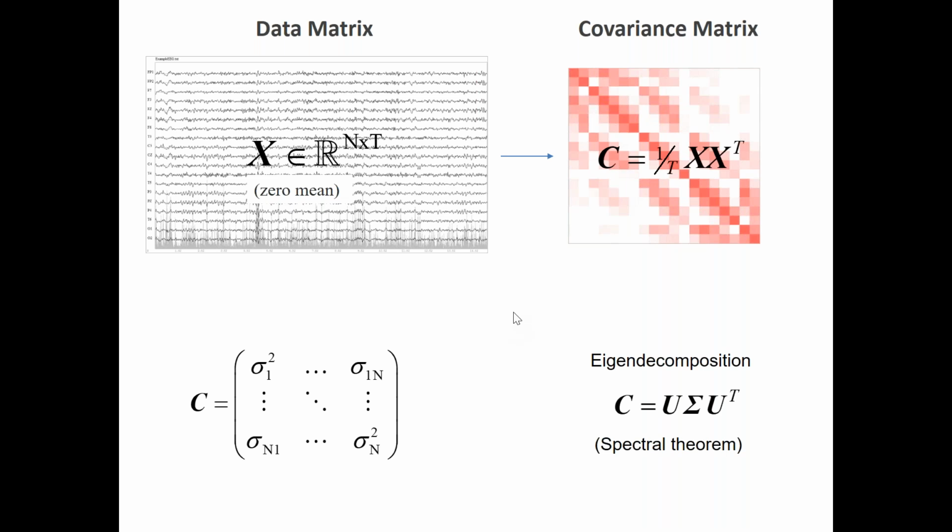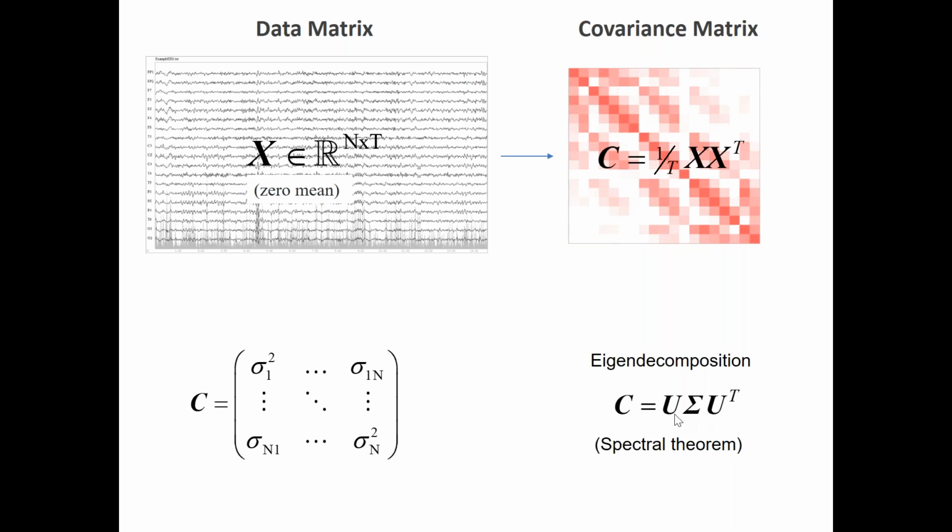Good. And now we need a theorem that is going to be used all along in the sequel, which is very important and is called the eigendecomposition, or the eigenvalue and eigenvector decomposition, but is known also as the spectral theorem. This theorem says that a matrix like this, which holds all the variances and the covariances, can decompose as the product of three matrices.